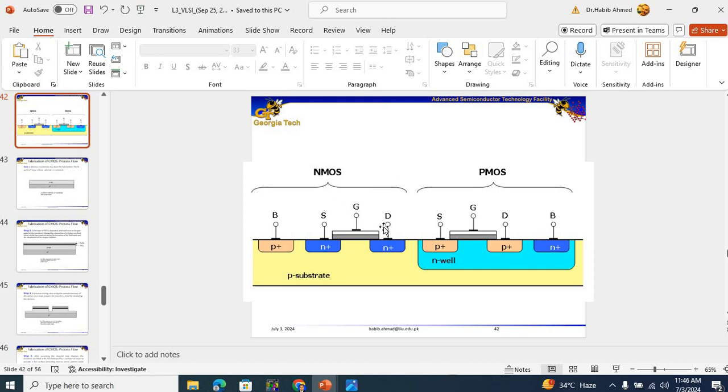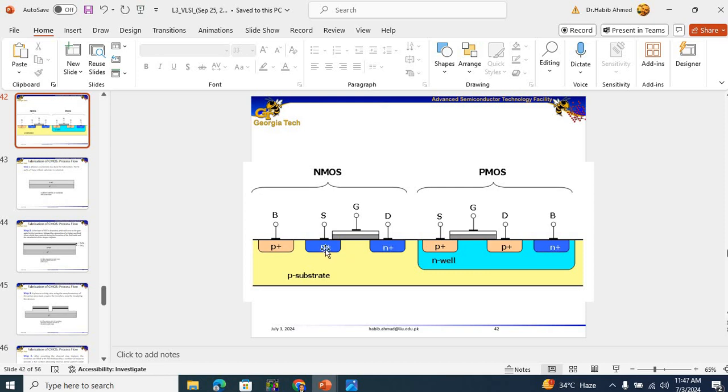Here let us look at slight details of this structure. Forget about the substrate connection, this part, and this connection over here as well. So basically, assume that our starting material is a p-type substrate, and we want to fabricate an NMOS or N-type MOSFET. For an N-type MOSFET, the substrate is going to be p-type and the channel should be N-type.